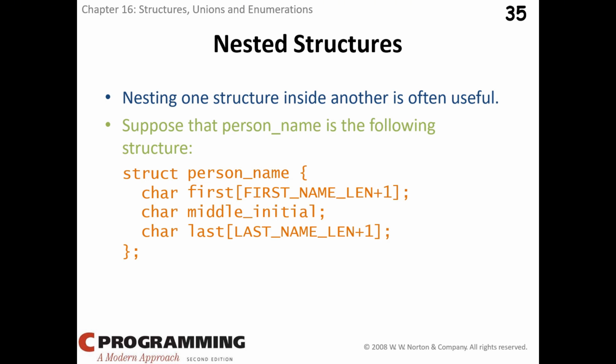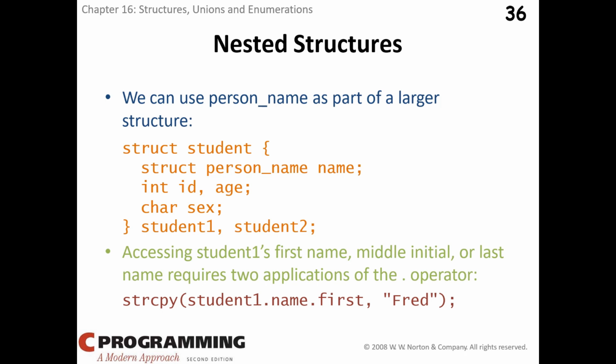The first member is an array of characters representing the person's first name, and the middle initial member stores the middle initial of the person, and the last member is an array of characters representing the person's last name.